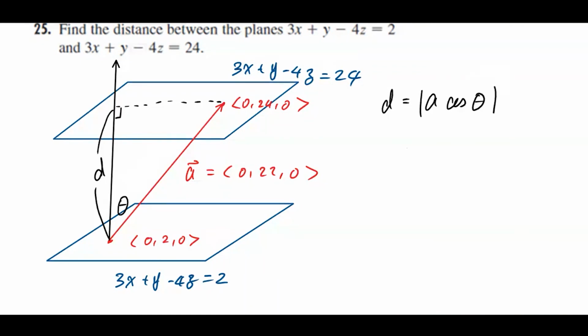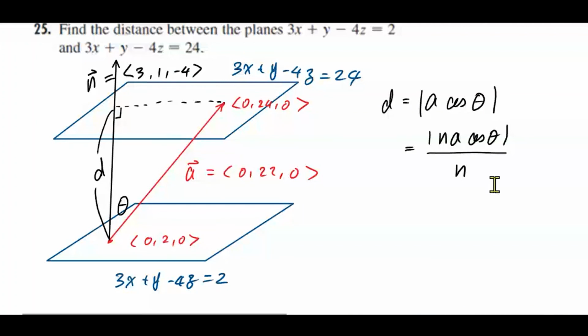Of course, as soon as you write it like that, that reminds you of this. And you notice this is my N, the normal vector. Somebody tell me what that normal vector is. 3, 1, negative 4, right?